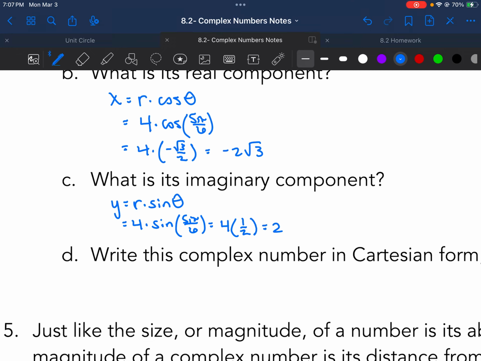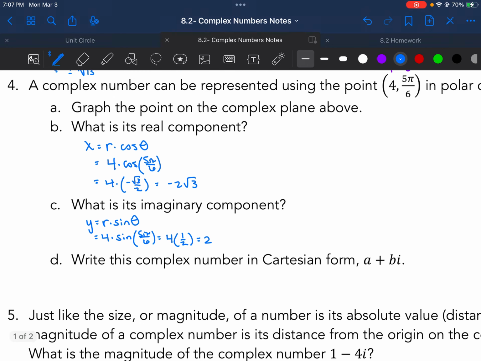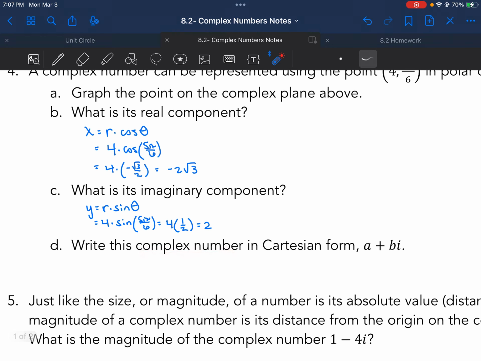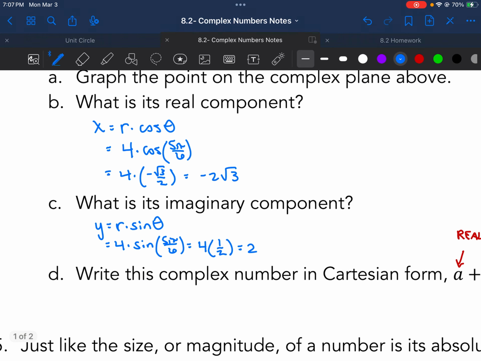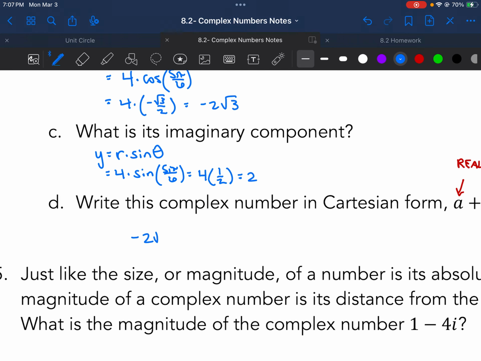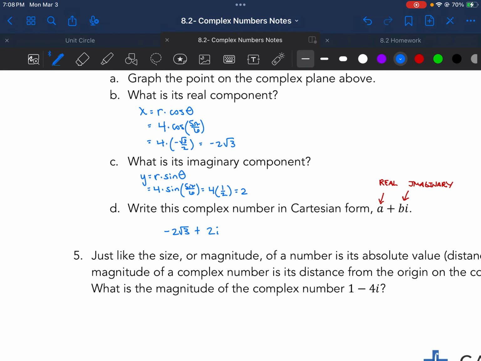Now, if I wanted to take the real and the imaginary component and write it as a complex number, a plus bi, well, we have the real first, the imaginary coming next: real component plus the imaginary component times i. So this would be real component, negative 2 root 3, plus imaginary component 2 times i.